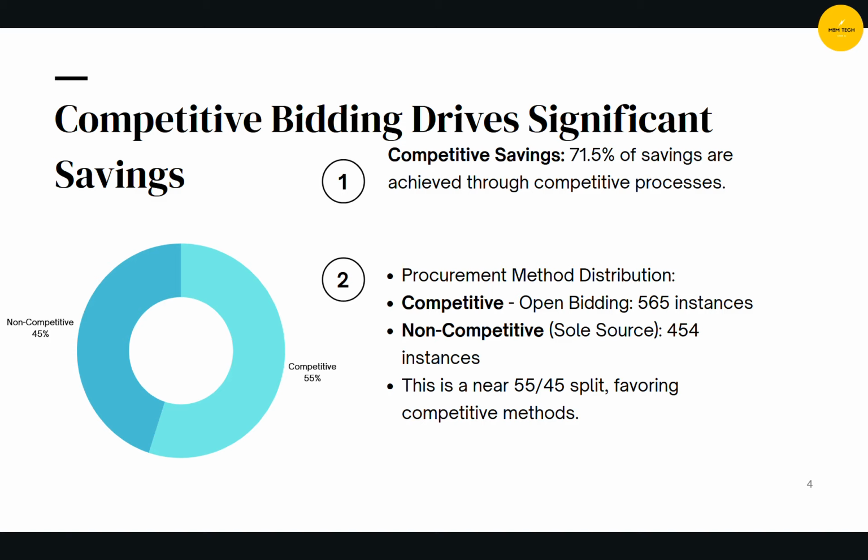Now the procurement method distribution, or you can call it contract distribution. Out of all the instances, 565 were where a bid was won through competitive bidding, and 454 instances were non-competitive.